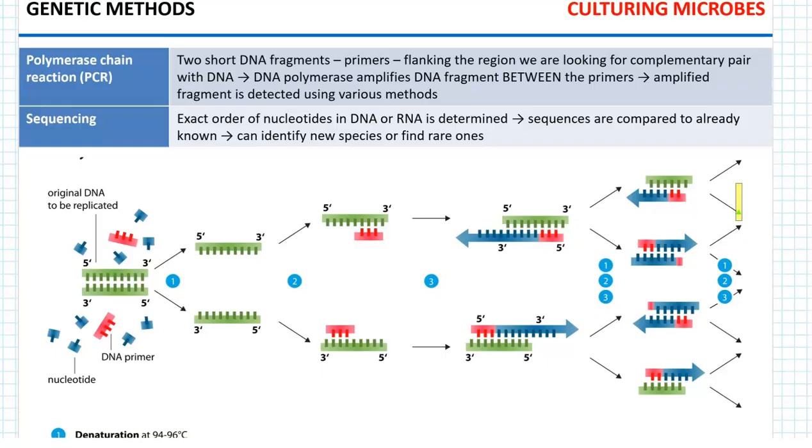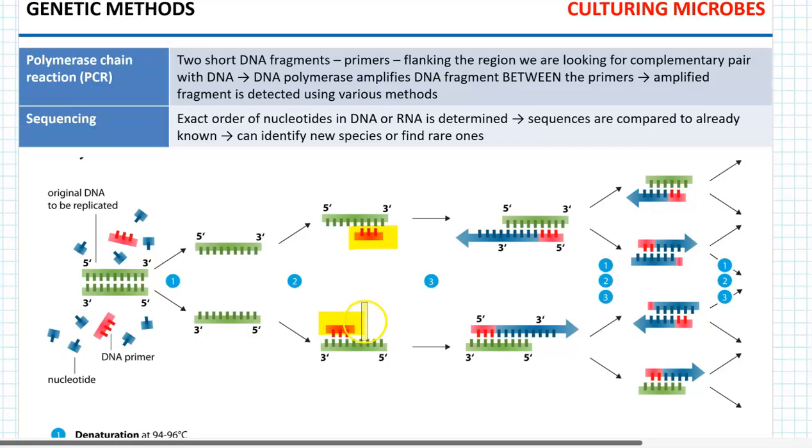Okay, all good? Different organisms have unique DNAs. Okay? What you can do, you can design short DNA fragments called primers that will bind only to the DNA of a very specific organism.